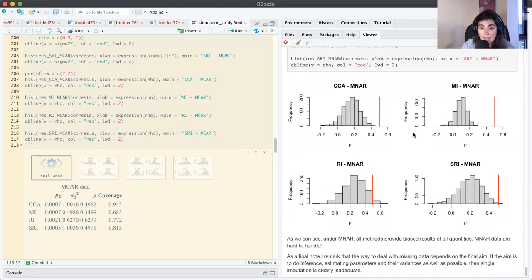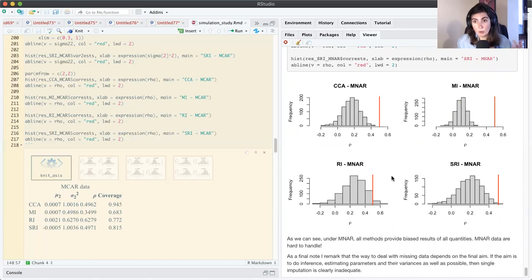Okay, and as just a final note, this was a simulation study designed to investigate the performance of complete case analysis and single imputation methods. We have seen that stochastic regression imputation under missing completely at random and missing at random was quite a good method. It had a problem with regards to the precision of the estimates, right?